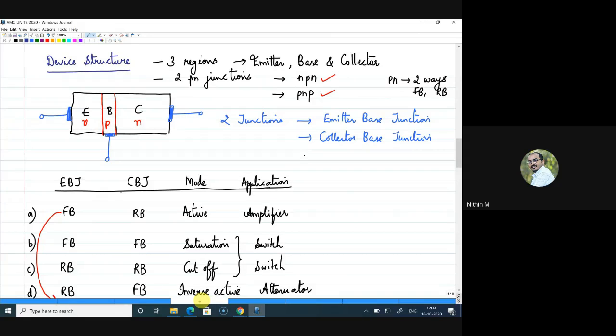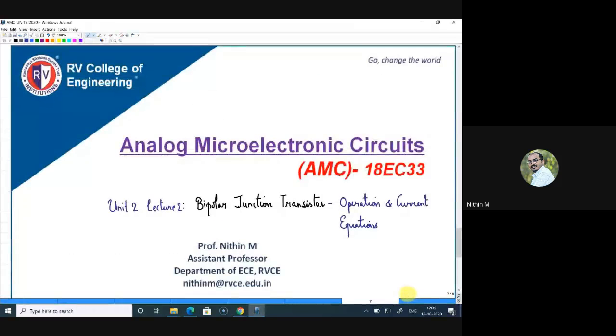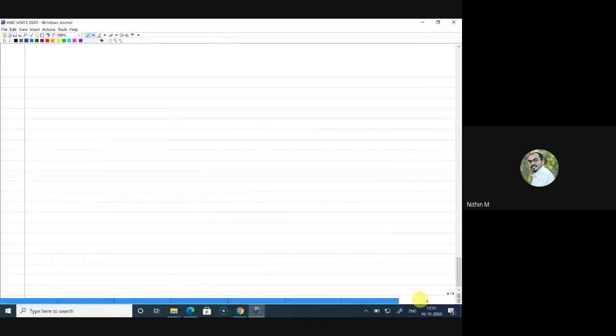The same understanding of the MOSFET holds good here, because in the active region we can get the behavior close to a current source, where I can get some kind of amplification, right? So with that intro, we'll straight away see the operation of the BJT in active mode.